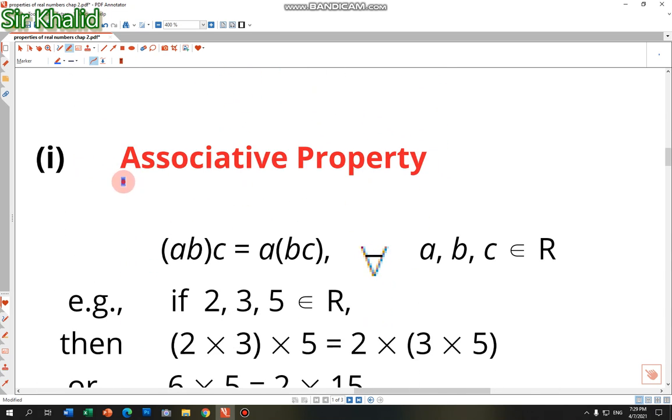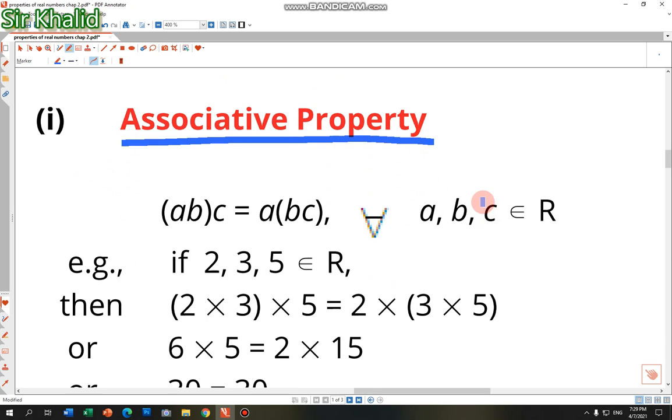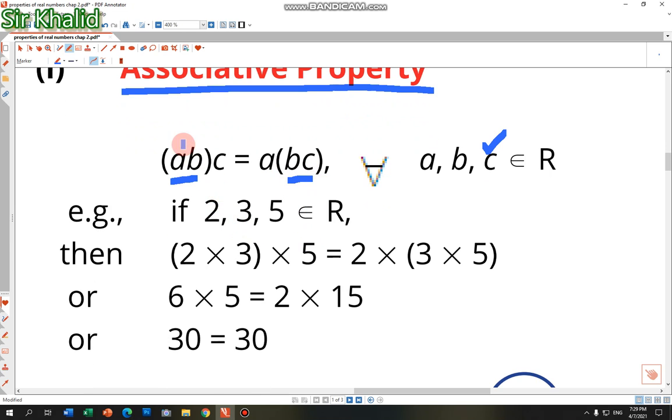In the associative property, we introduce another real number c. If I enclose ab within the bracket, or I enclose bc within the bracket, the result will be the same. For example, a is equal to 2, b is equal to 3, and c is equal to 5.